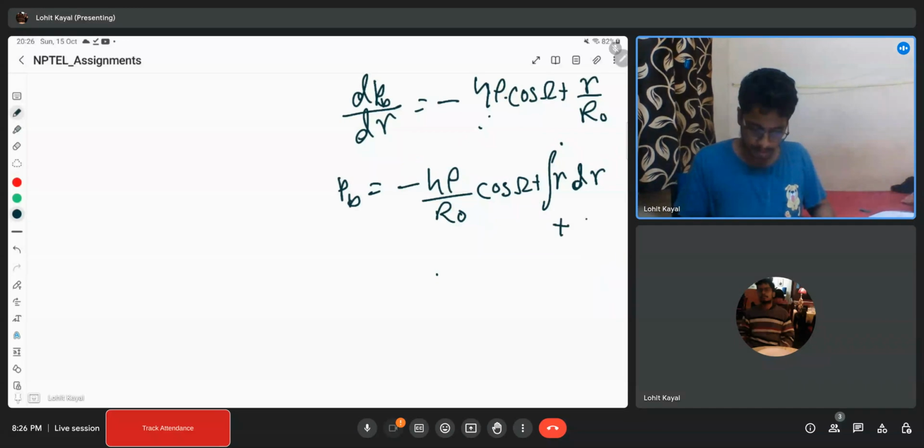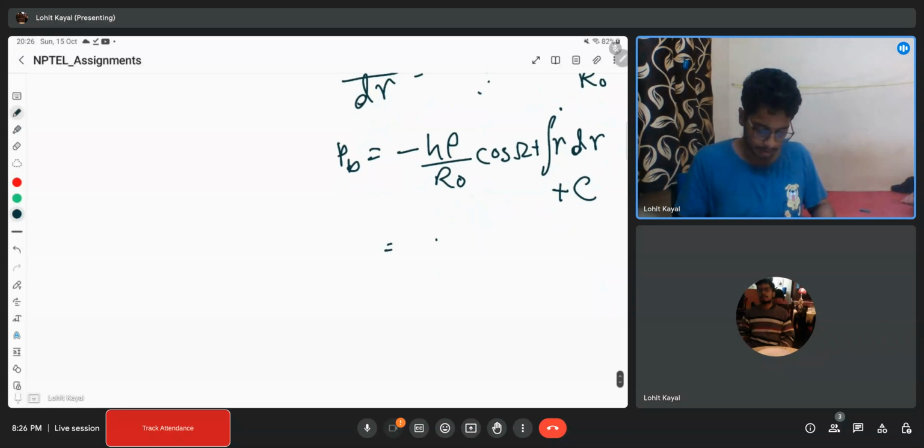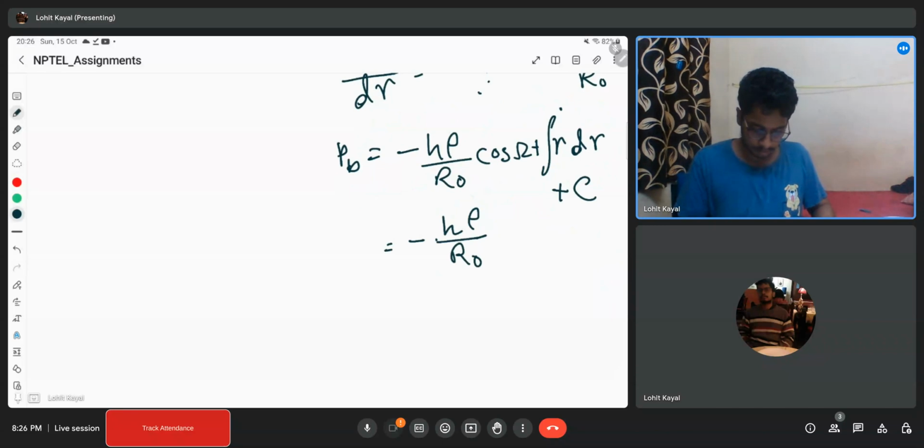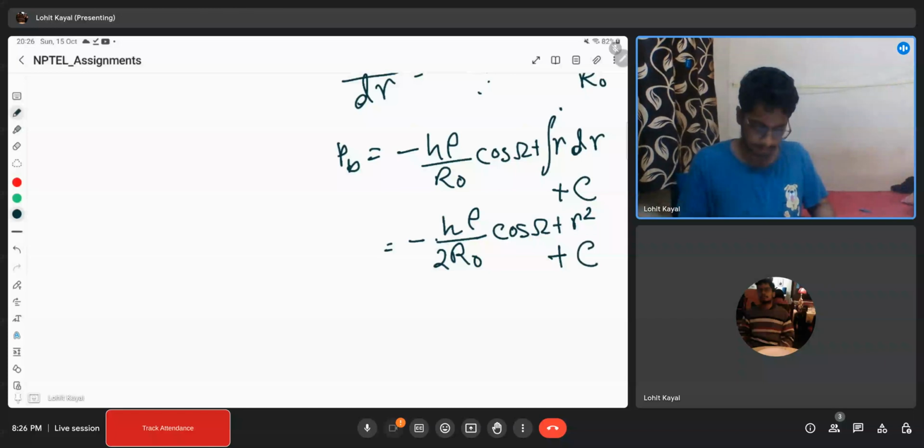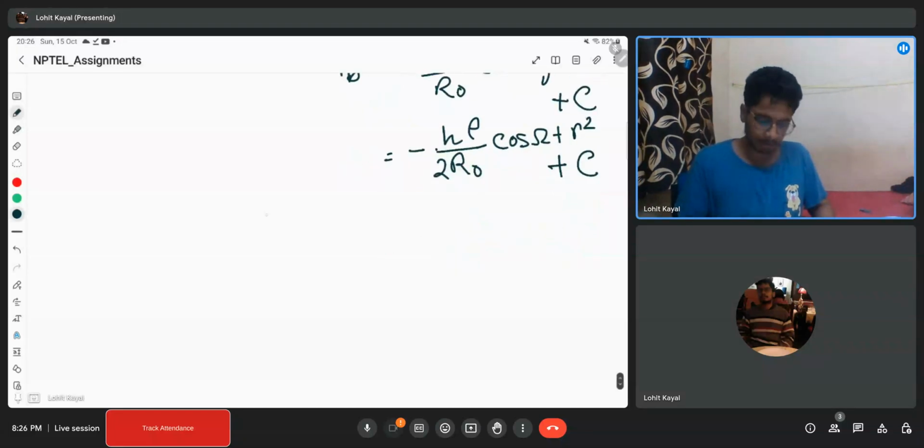plus some constant C. So it will be minus h rho by 2 r naught cos omega t r square plus C. Now what will be the pressure at the base state?